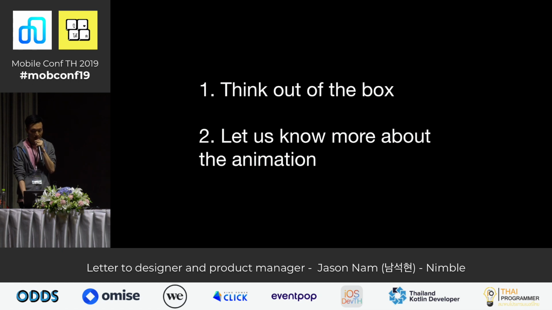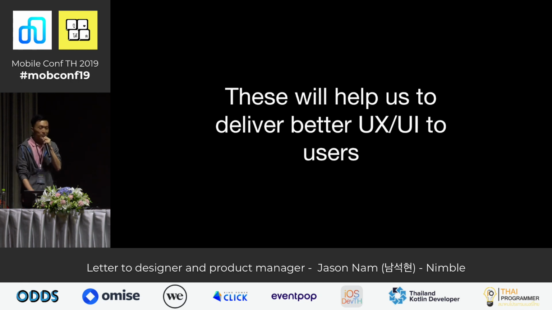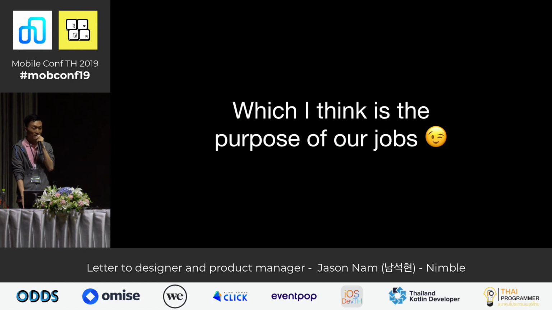We can dramatically increase our productivity by containing this information in the design in the first place, so Android and iOS can implement it at the same time in a homogeneous way. That will be very helpful to deliver better UX or UI to users, which I think is the purpose of our job.